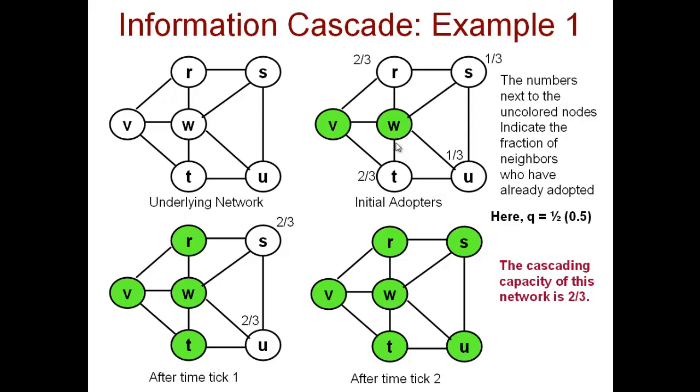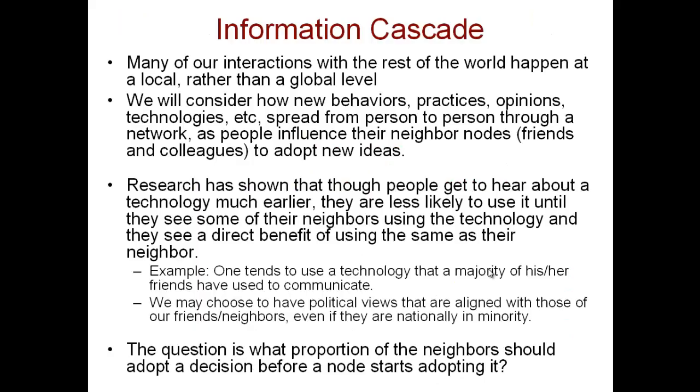Like I show here, given these initial adopters, first R and T will adopt the same, and then because of that, S and U end up adopting the same. So the critical question that we have to answer is what proportion of the neighbors should adopt a decision before a node starts adopting it.